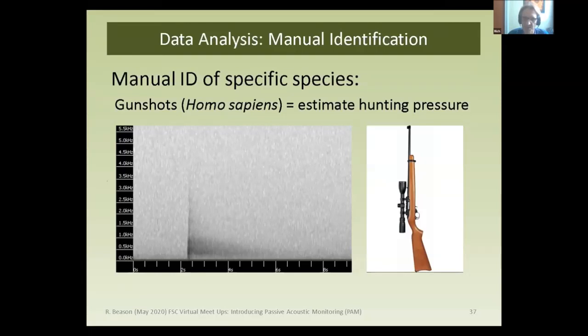Gunshots are used quite frequently now to estimate hunting pressure. If you stick out a load of recorders in an area where you know people are hunting and see how many gunshots you record, it gives you some idea of how much hunting's going on. So you can apply this for quite a few different things for conservation as well as just for monitoring species.